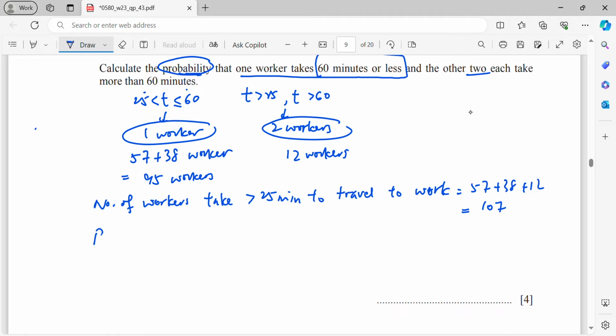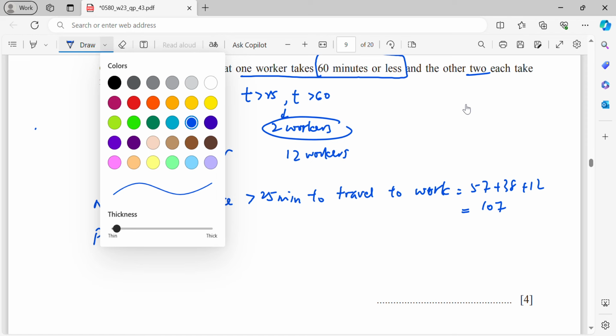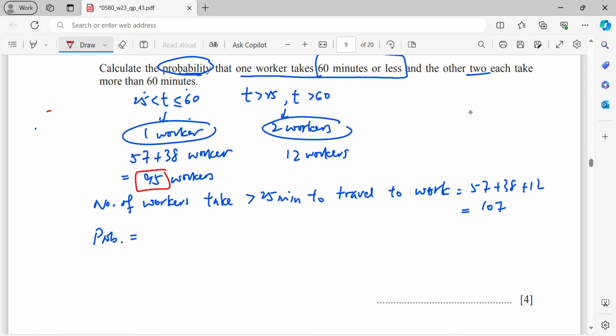So now your probability equals 1 worker from 95. Okay, from 95, you need 1. And then from 12, you need 2. That means this is going to be 95 out of the total of 107.